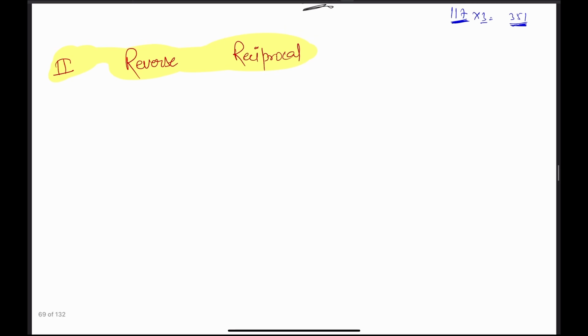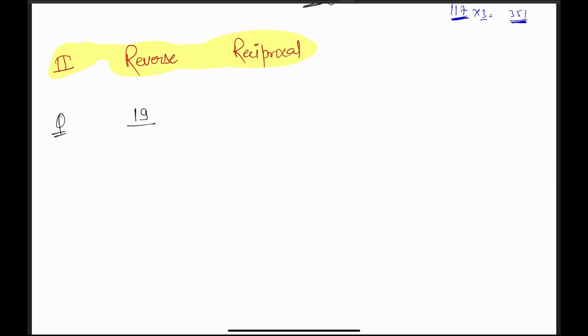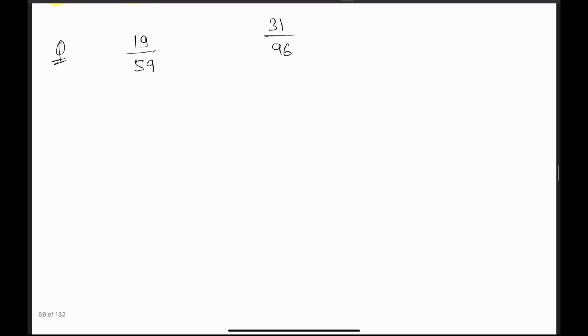If the question is 19 upon 59 and 31 upon 96, then 19 times 3 is 57, carry 2, so it's 3.1, something like 1 upon 3.1. Now I'm not writing it like 59 upon 19, because we have already understood, and we'll try to remove the variables as much as possible.